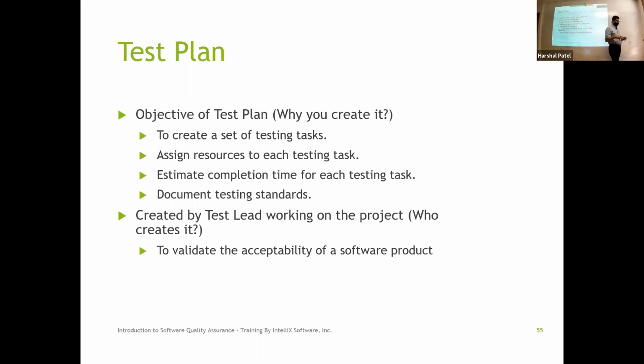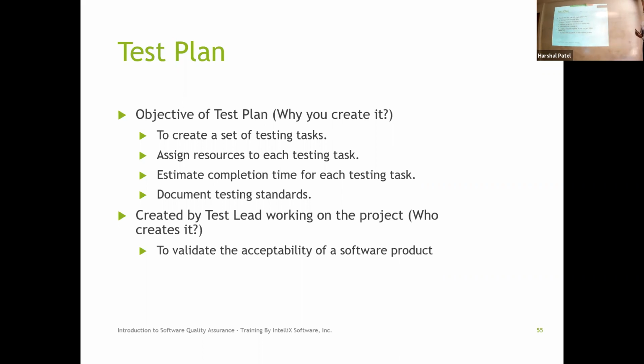Typically, this document or plan is created by a person who is playing a lead role in the quality assurance team. Now, if it's a small company and you're building a small system, there's only one quality assurance person, and that person is going to perform this task.